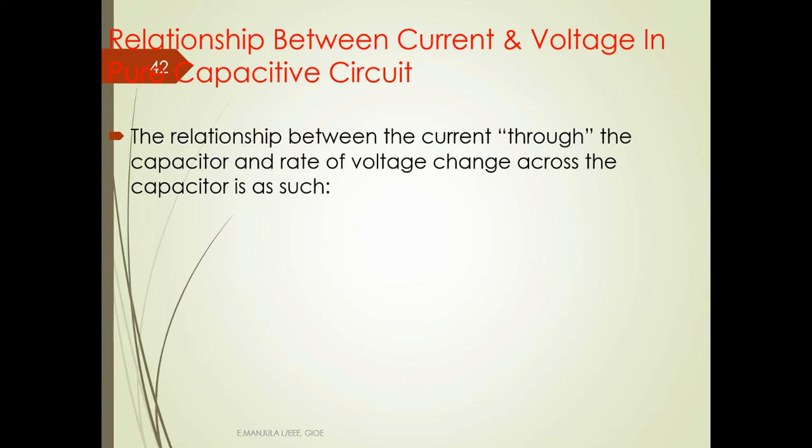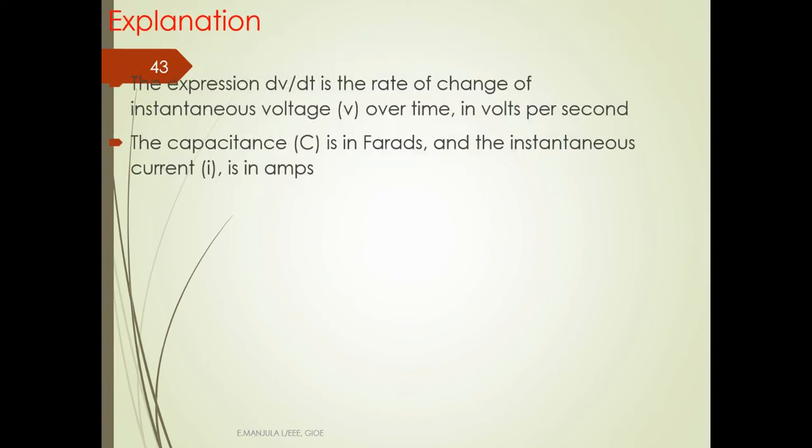So here is the relationship between the current and voltage in a pure capacitive circuit. The relationship between the current through the capacitor and the rate of voltage change across the capacitor is I is equal to C into dV by dt.